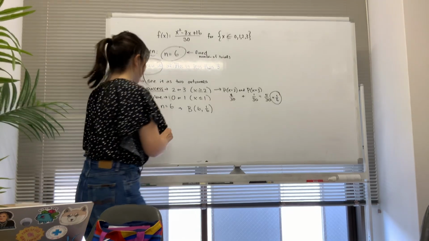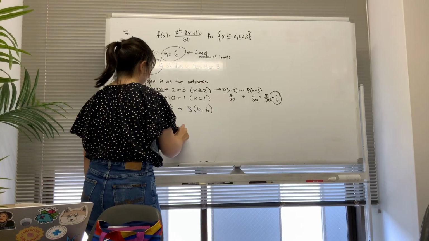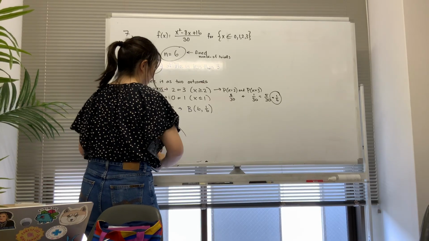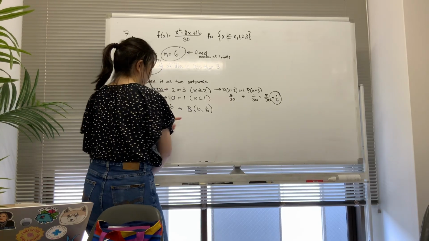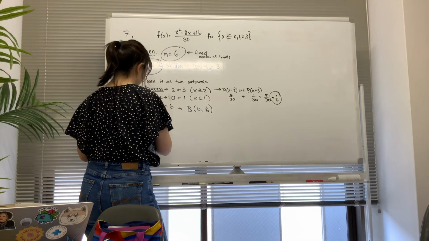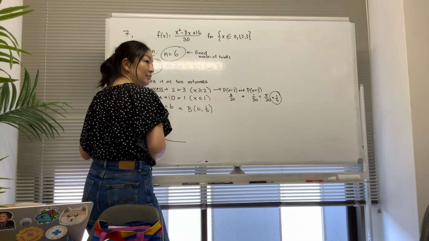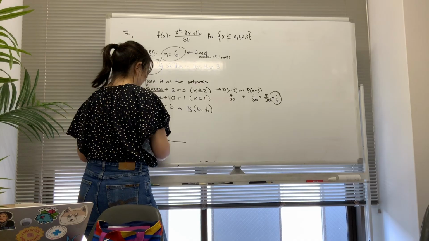Okay, that's going to make a graph. This graph, based on this number, 0.5 is in the middle. This graph is going to look like this. It's not going to look exactly like that.